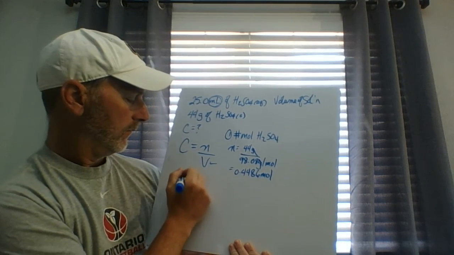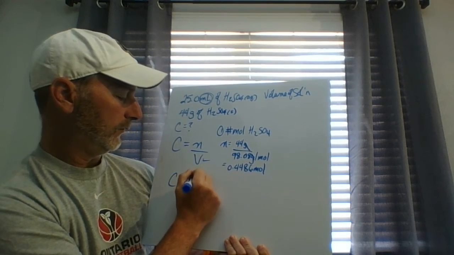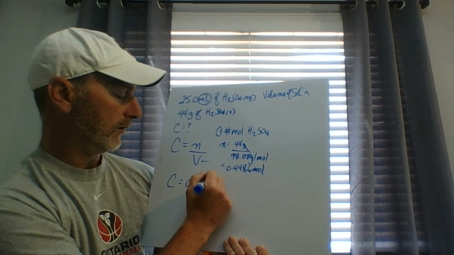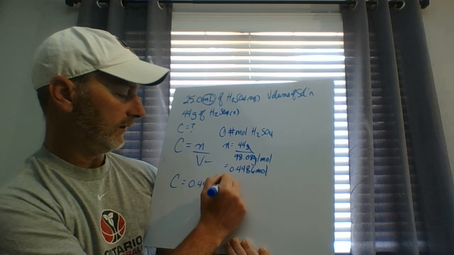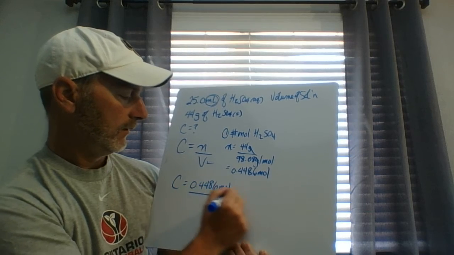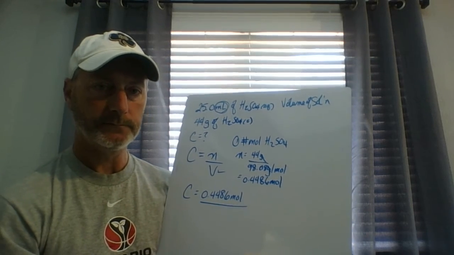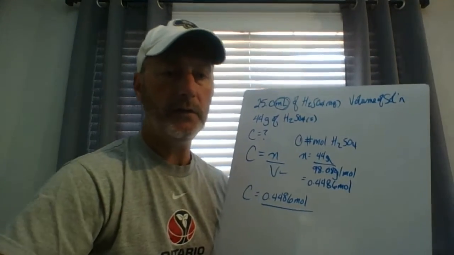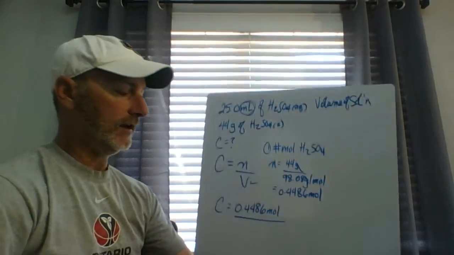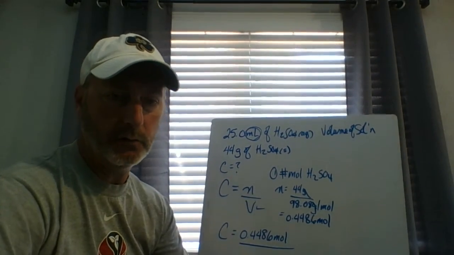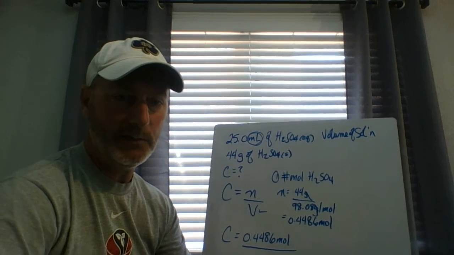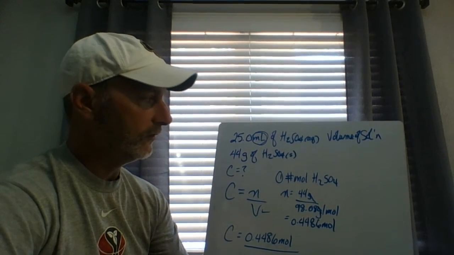So I've got milliliters, which means so far I have this 0.4486 moles. I want it in moles per liter. So there's two things you can do. You can either write it in scientific notation, which you have to do at the end anyway, or you can just do the division right now.